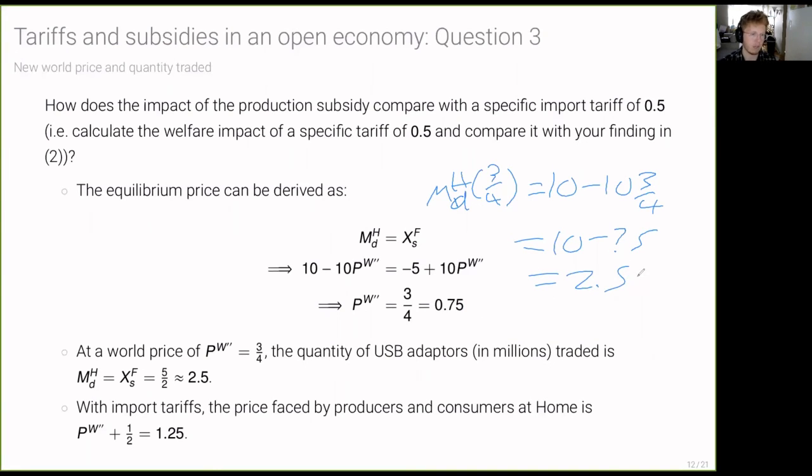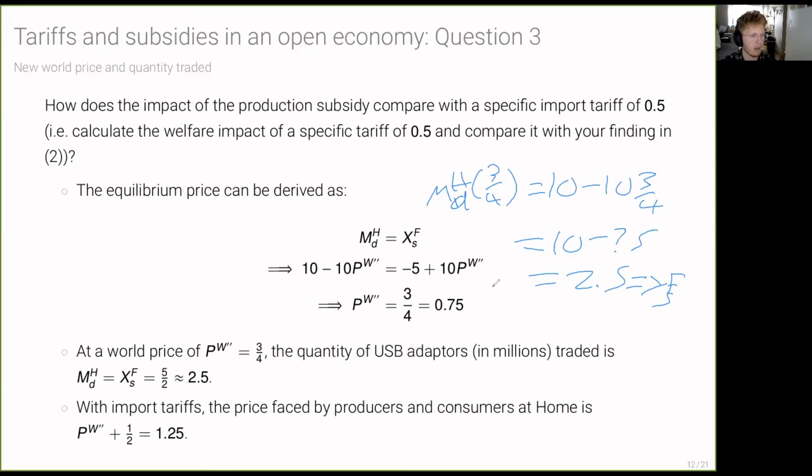So the quantity traded is going to be 2.5. Then, if I take the new lower world price and add 0.5 onto that, 1.25 is the new higher price faced by producers and consumers.